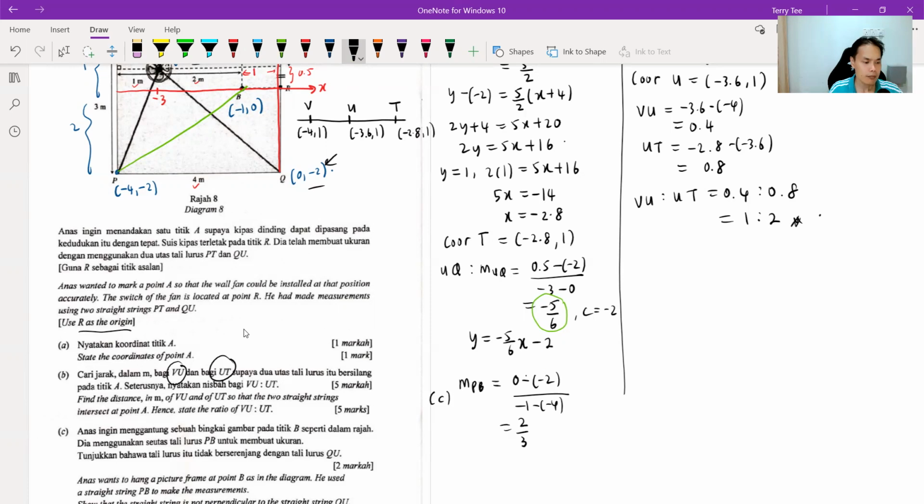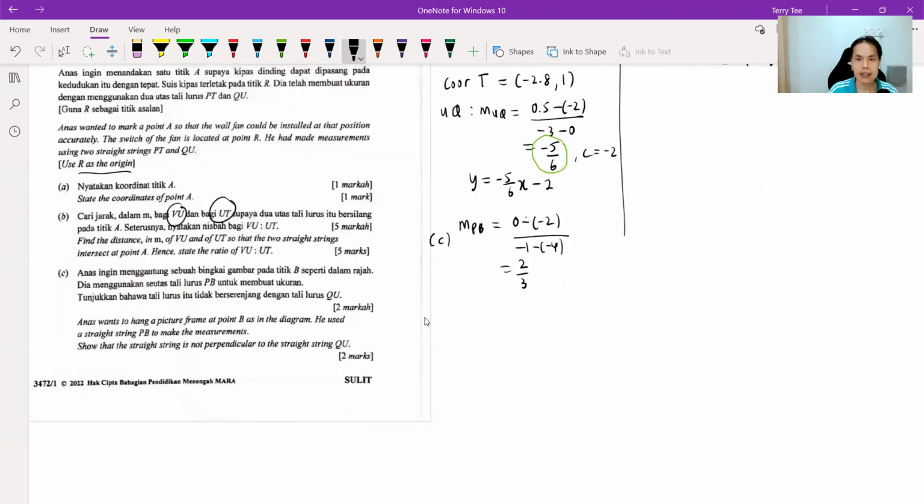All right. Now, next, we take the gradient of QU. We already have negative 5 over 6. Now, we need to show that they are not perpendicular. So gradient PB times gradient UQ or QU, doesn't matter, we take 2 over 3 times negative 5 over 6.